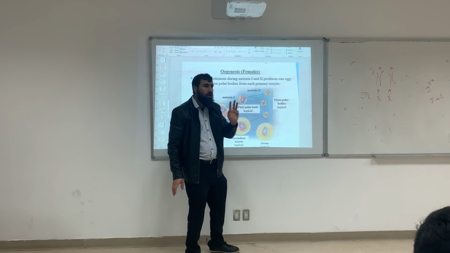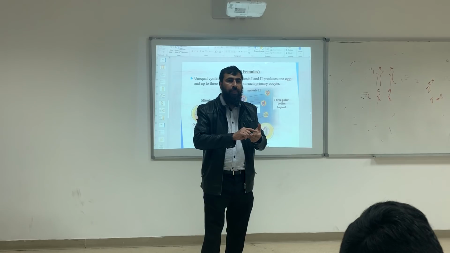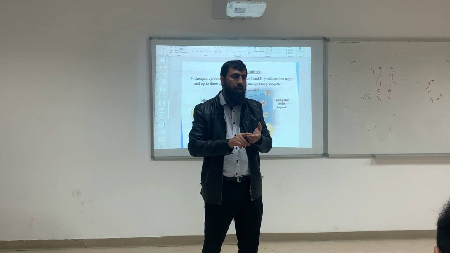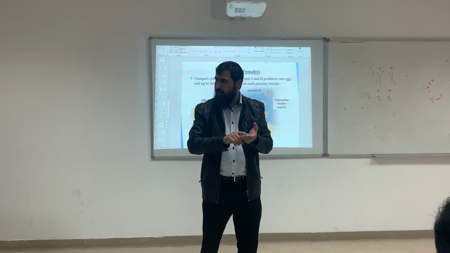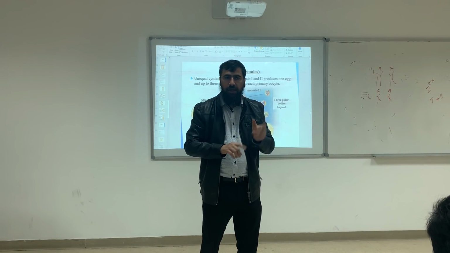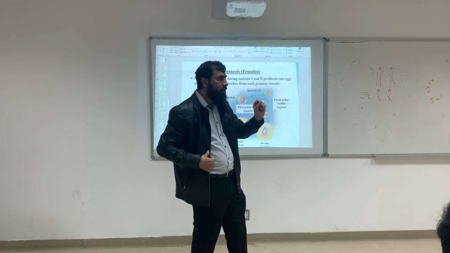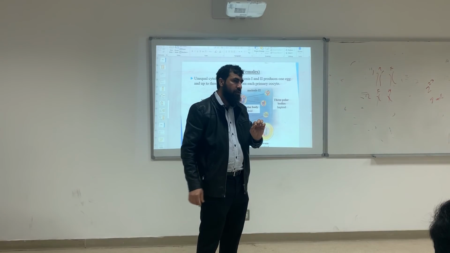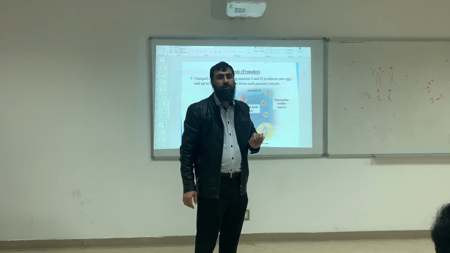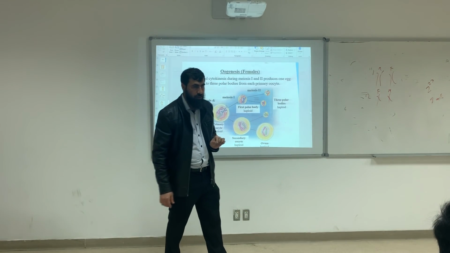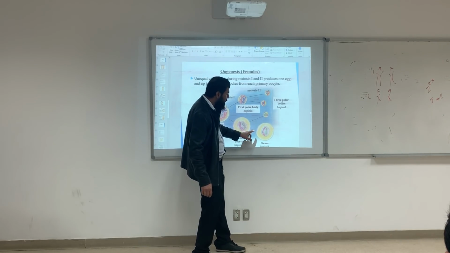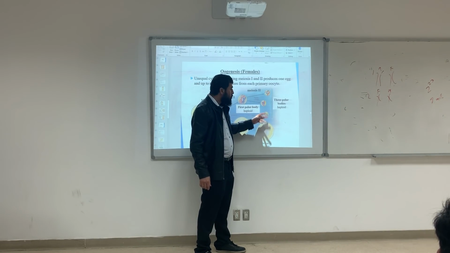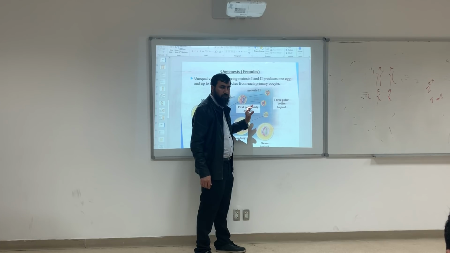So by the end of oogenesis, we can end up with 2 and sometimes rarely 3 polar bodies and 1 functional egg which is haploid, and it contains most of the cytoplasm. So 1 ovum, and 2 to 3 polar bodies.